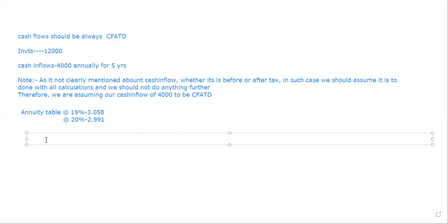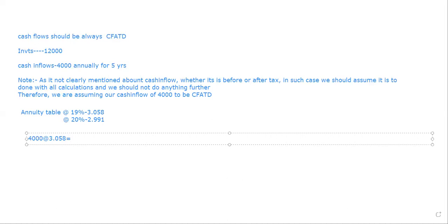So simply what I'm going to do is 4,000 multiplied by 3.058. Let me use my calculator. 4,000 into 3.058. So I'm getting the answer 12,232.